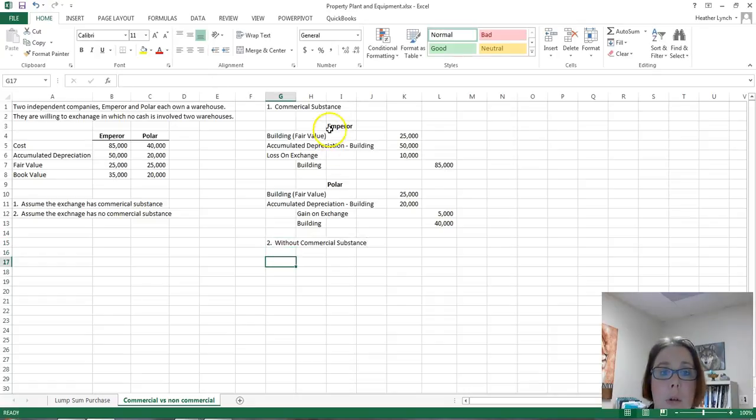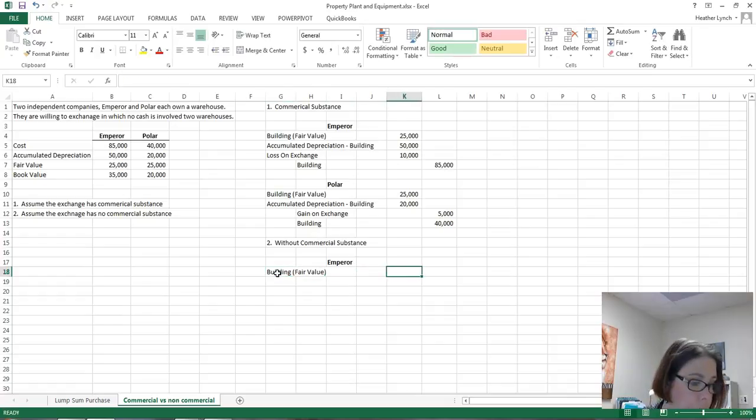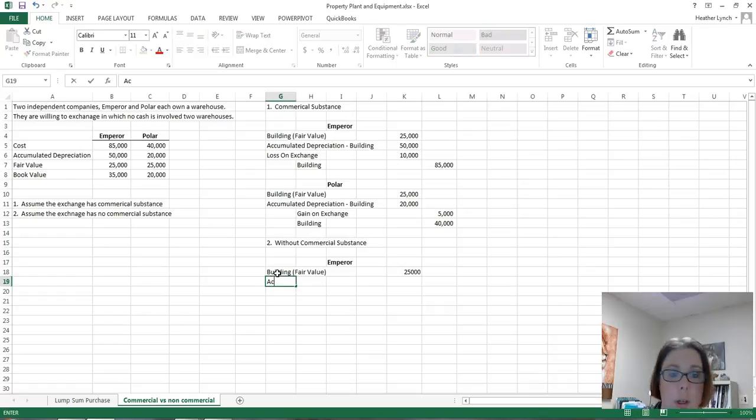Okay, so without commercial substance, we still need to do both of them. So without substance, we're still going to have the building. We will still put it at the fair value. Okay, and we're also still going to have the accumulated depreciation building of 50,000.